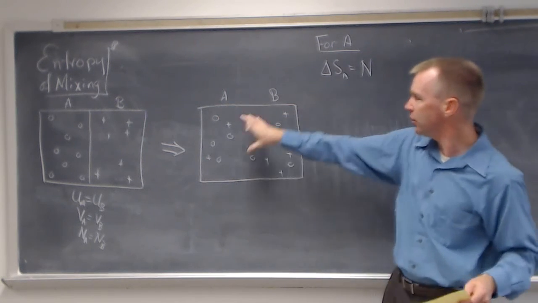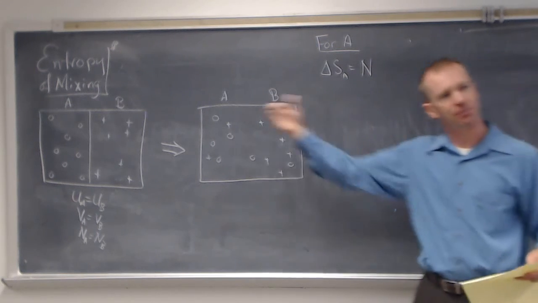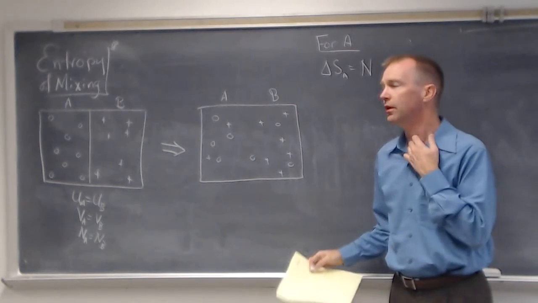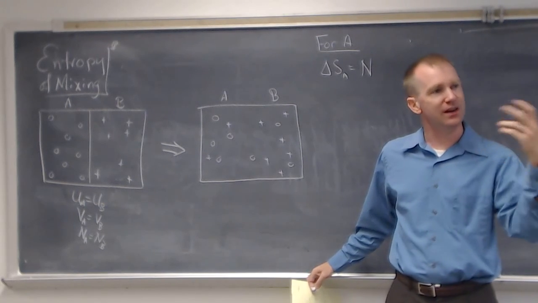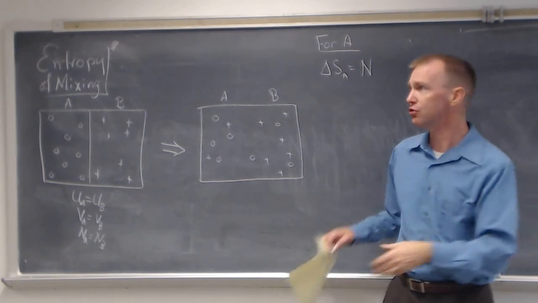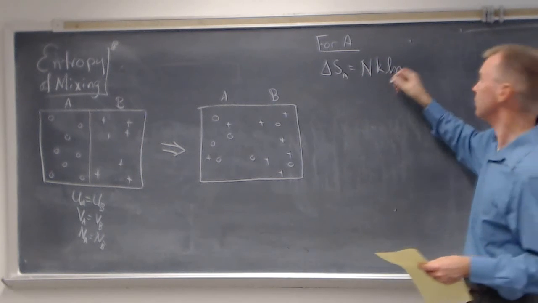So we pull up the barrier, A makes a free expansion into the entire volume, B makes a free expansion into the entire volume. Now, the equation for the change in entropy when the number and energy are held constant and only volume changes is simply NK natural log of V final over V initial.